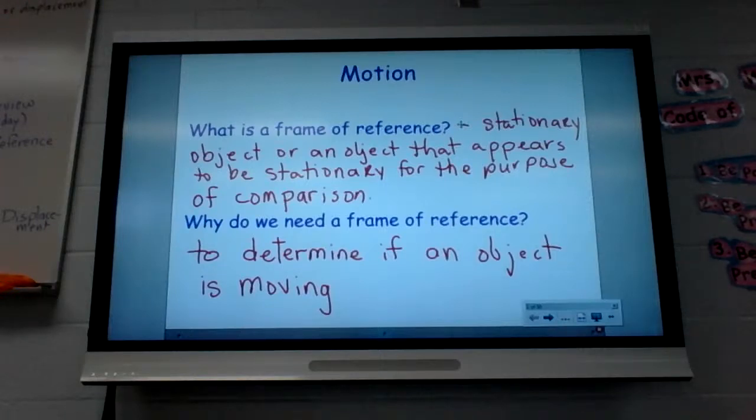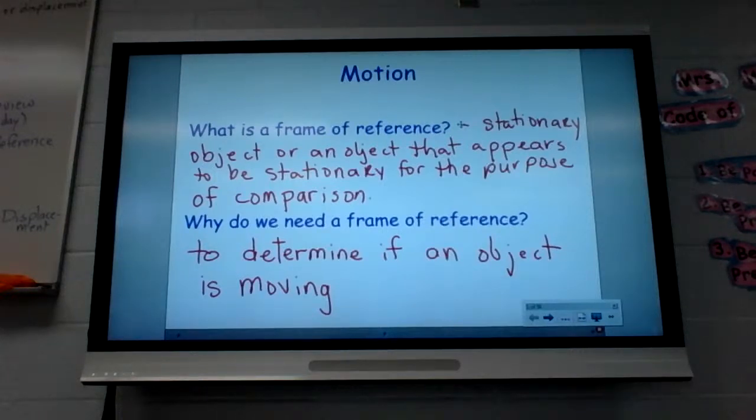Well, I guess the ceiling could be, but most of us don't walk around looking up. The table. What's that? The lab counters. Yes, the lab counters are firmly attached to the wall. They're cemented to the counters and the walls and the floors. They're not going anywhere. So they're great frames of reference. The windows are part of the wall, so yes, they would be fine also. Okay, we need to be a little more specific.